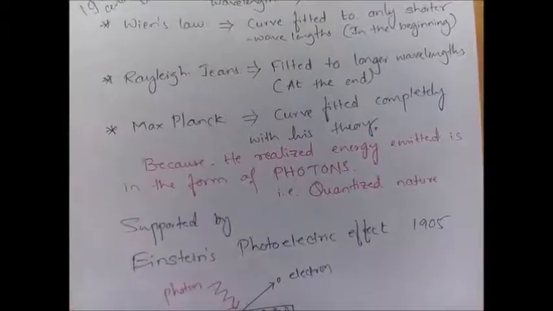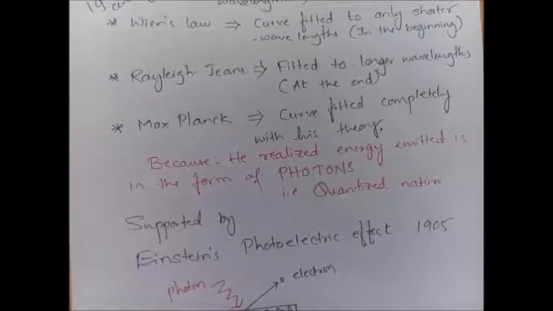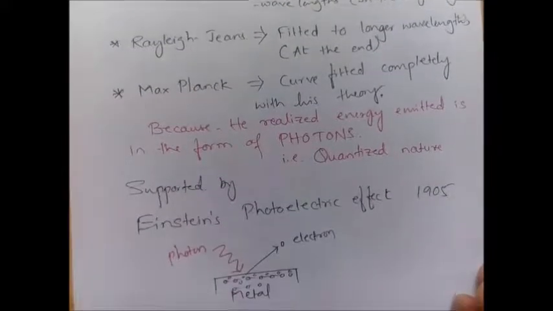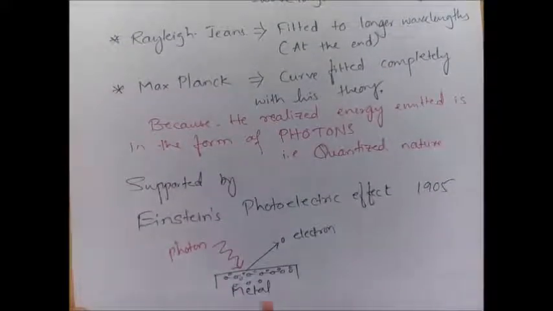And further, in 1905, it was evidenced by Einstein's photoelectric effect. For this discovery, he got the Nobel Prize in 1905. What he said is, when a photon hits a metal surface, and we know that in metal there are free electrons, that's why the metal conducts electricity. So the metal consists of electrons, and when the photon hits the electrons, an electron will eject.